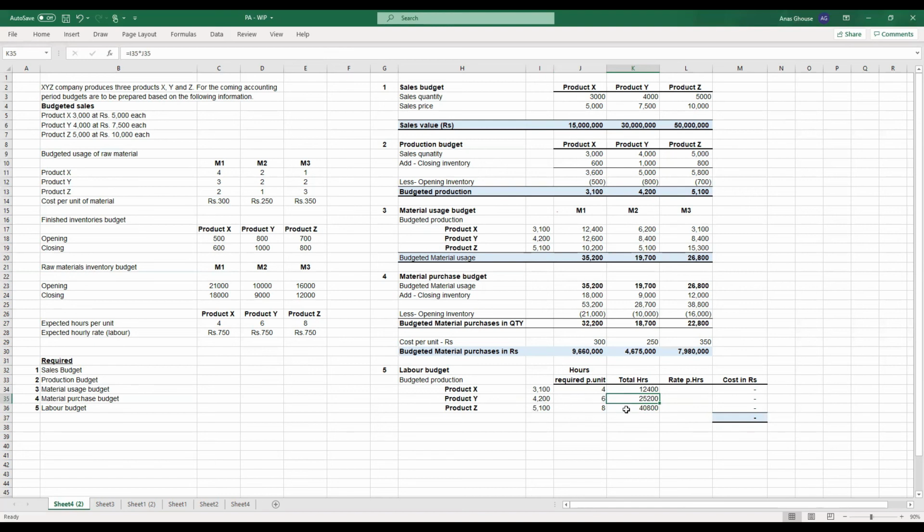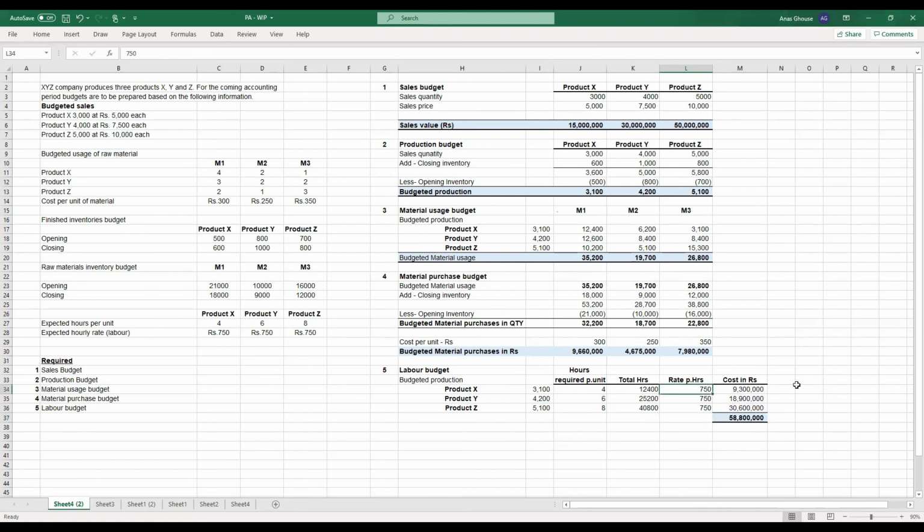Then product Z, you need 8 hours per unit. The total requirement is 5,100. Therefore, the total hours requirement will be 40,800. So what is the rate per hour? How much do you have to pay? Which is 750 per hour.